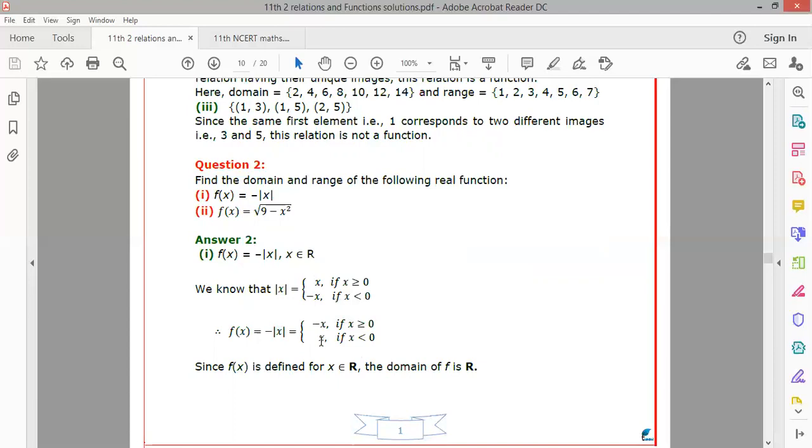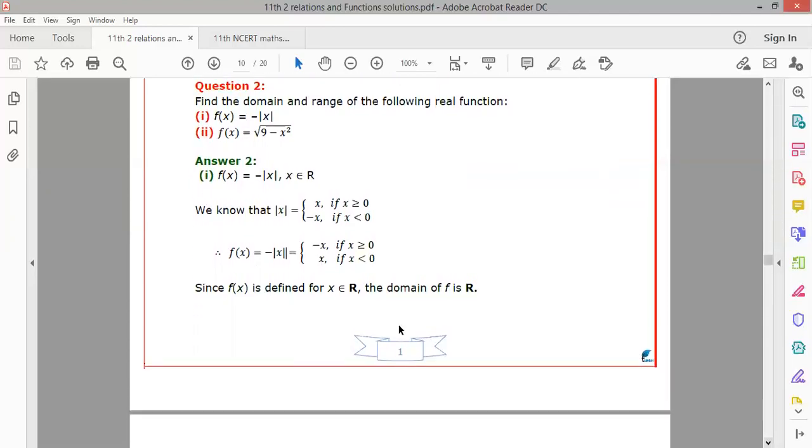So it will become minus, and it will become plus. What can we understand? It was supposed to filter the negative sign. Now it will not filter the negative sign. It will associate the negative sign with every element. Earlier we were supposed to obtain the positive numbers. Now we are supposed to obtain the negative numbers.